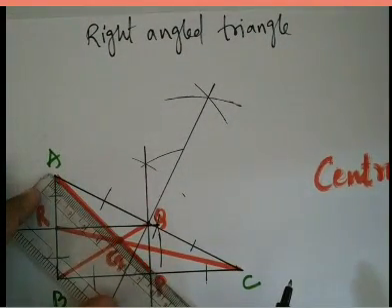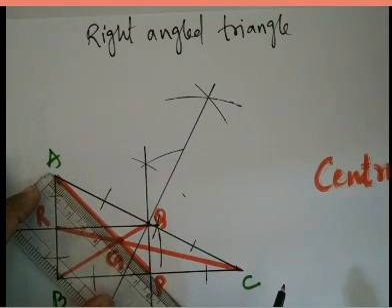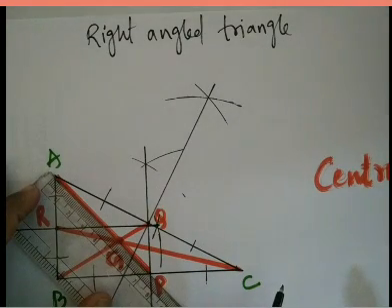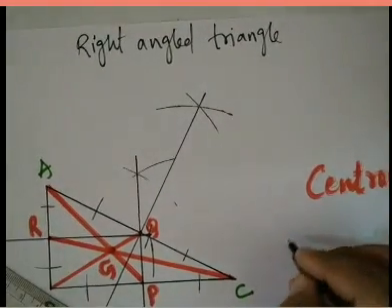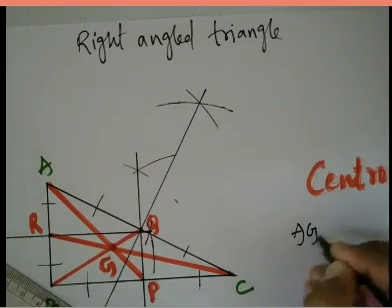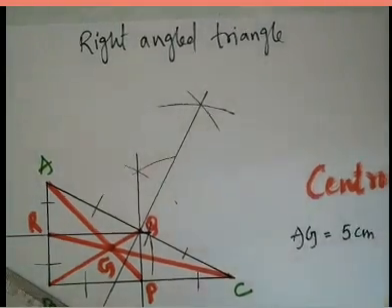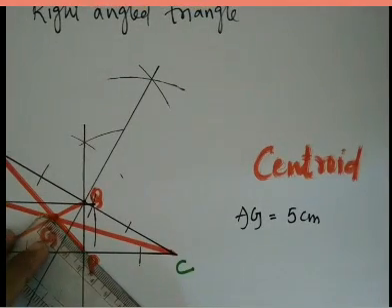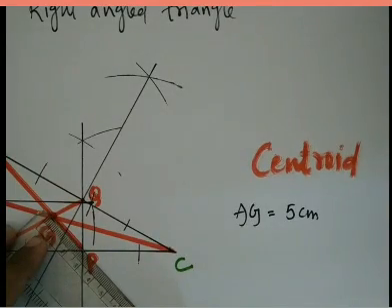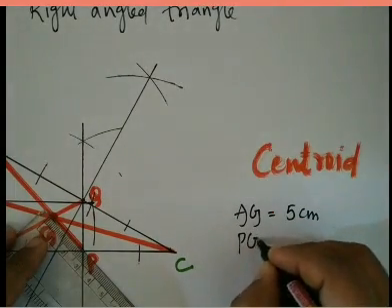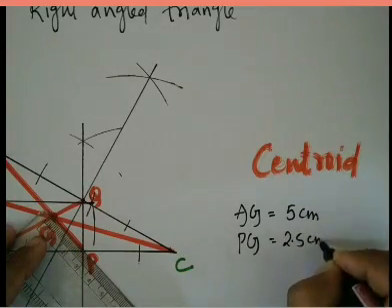First I will measure the distance of A from G. So here I am getting AG is around 5. Yes, it is around 5. So AG is 5 centimeter. And now measure PG. So PG is 2.5 centimeter.